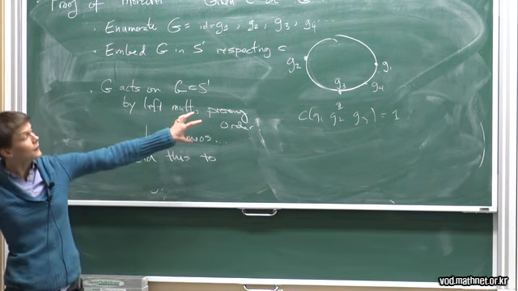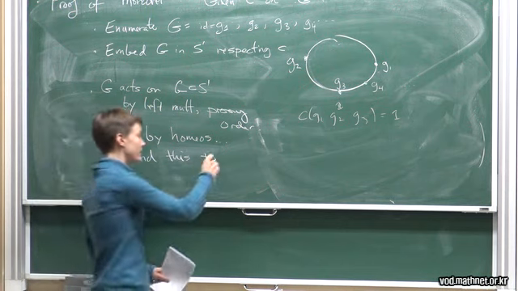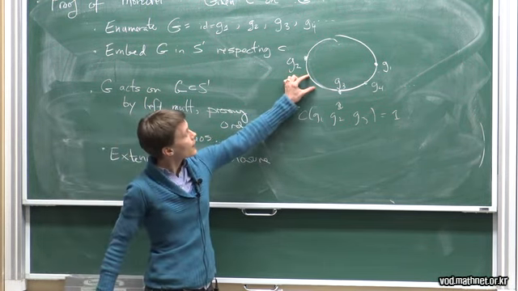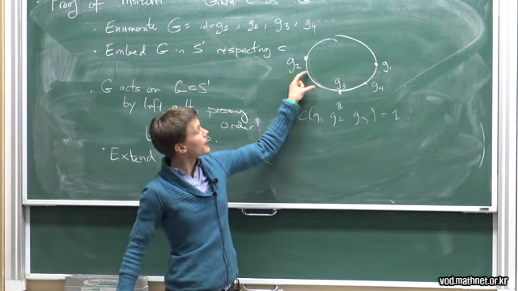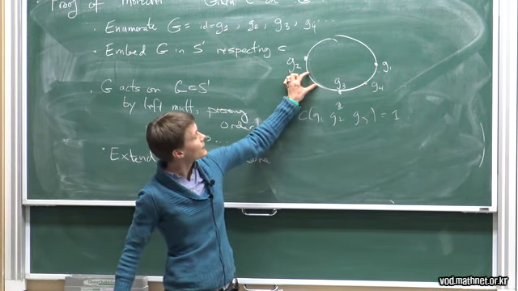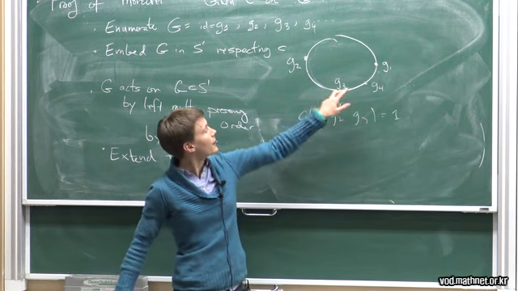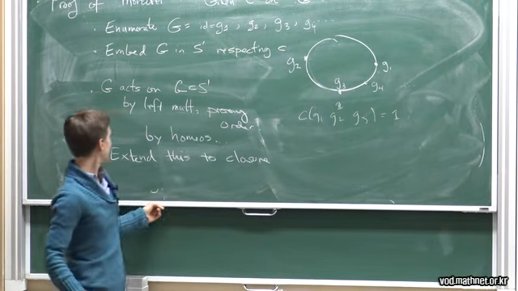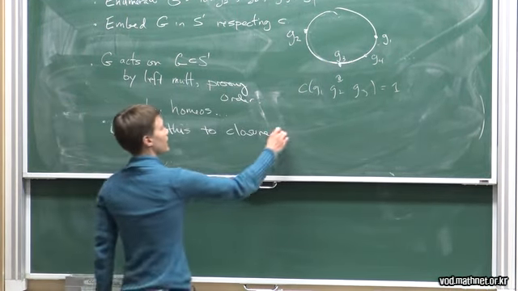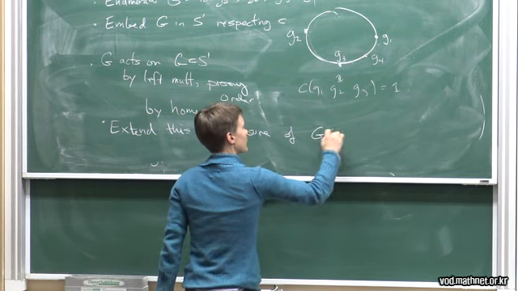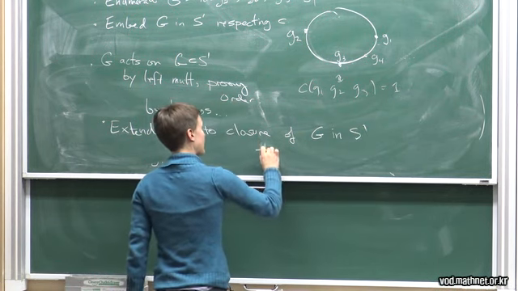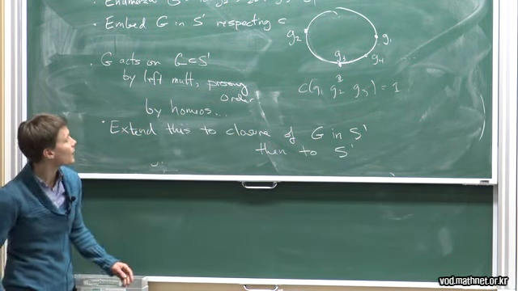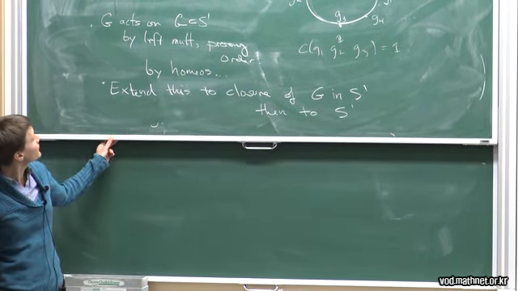There's a canonical extension to the closure of this set. And then complementary regions of the closure are intervals that should be permuted by the group. And I can just send an interval to another complementary interval by, say, the unique affine map. Okay? So you extend this to the closure of my embedding in S1, then to all of S1, and you check that there's a canonical way to do this just by homeomorphisms.